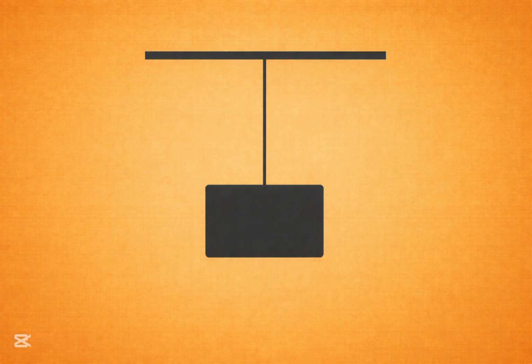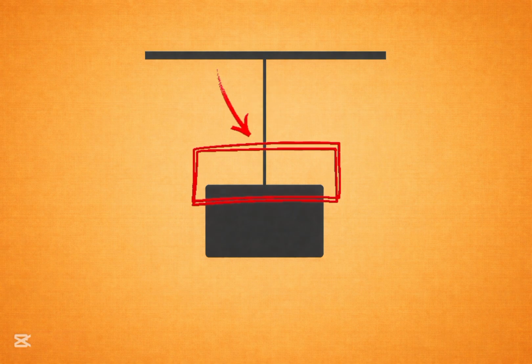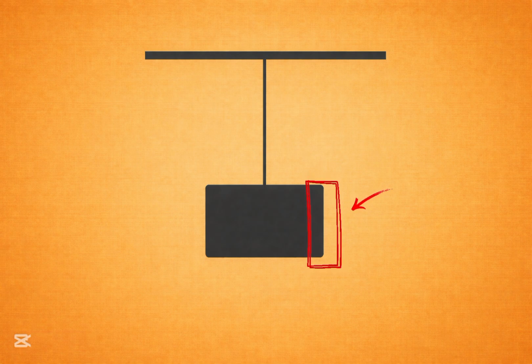You must understand that our tension is going up because our rope is connected on the top of the object. If our rope was connected on the right hand side of our object, the tension was going to go to the right, and if it was connected on the left hand side of the object, it was going to go to the left.